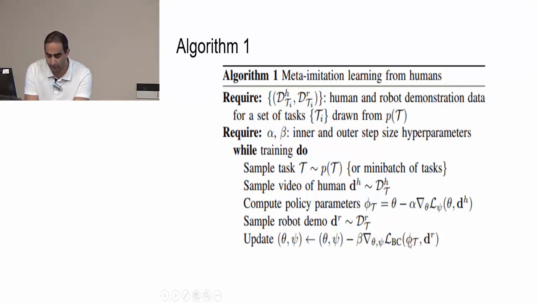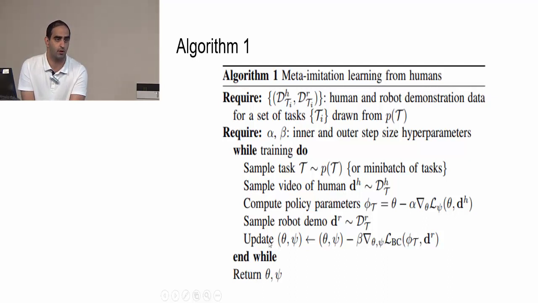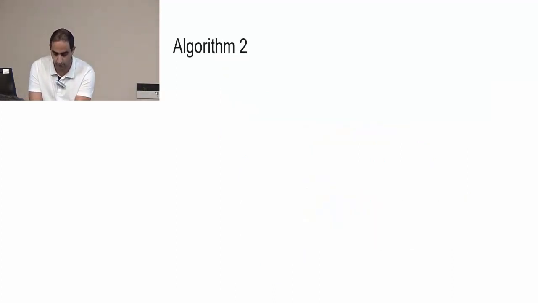In this LBC, the L psi is expressed, so we can use gradient descent on this LBC and we learn theta and psi. Then we return the theta and psi parameters. And you do this for every task, right? Yes, during the training, we pick different tasks, maybe a batch of tasks, and we do this for them.